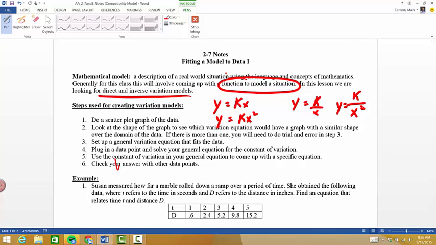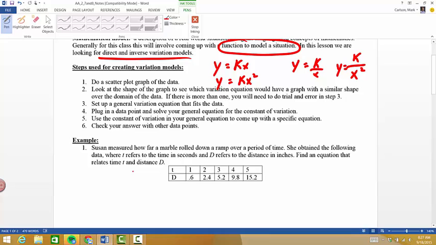Here are the steps we're going to use for creating a model for a variation set of data. To begin with, we do a scatter plot of the graph, and I'll show you in a little bit how we can use Desmos, or you could use your graphing calculator as well. Look at the shape of the graph to see which variation equation it fits, one of these four.